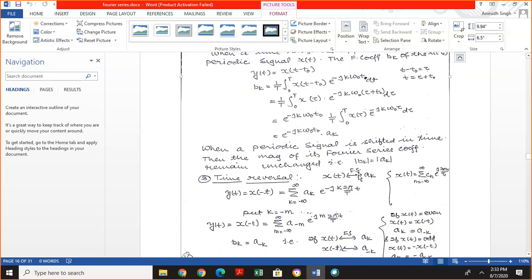Time reversal. If x of t and ak are a Fourier series pair, then we have to calculate the Fourier coefficient of x of minus t. X of minus t is given by summation over k from minus infinity to plus infinity of ak exponential minus j k 2 pi by T t. Here, because of this minus t, this negative sign appears.